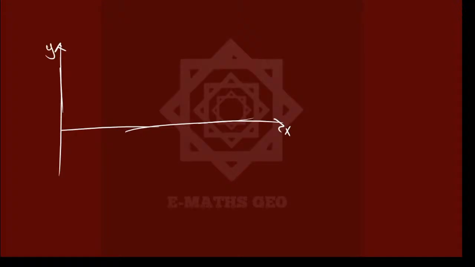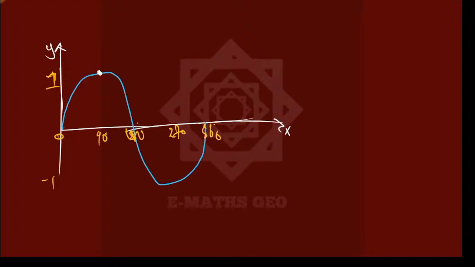If you sketch the graph of sine, it's always this way. This is 1, this is minus 1, and this is 90, 180, 270, 360 and 0.